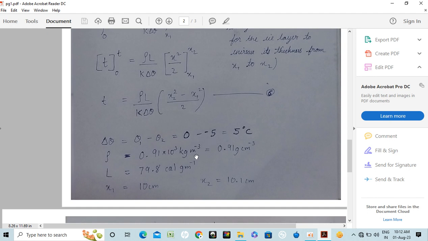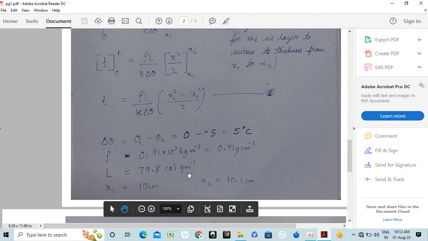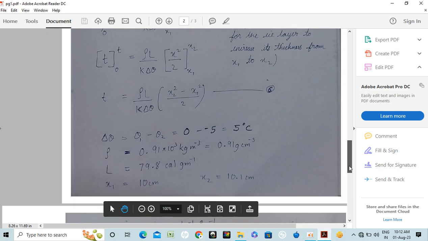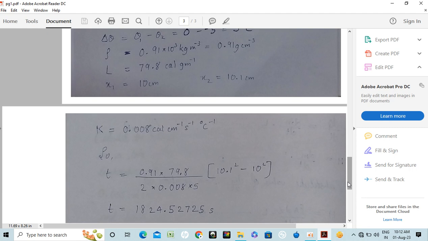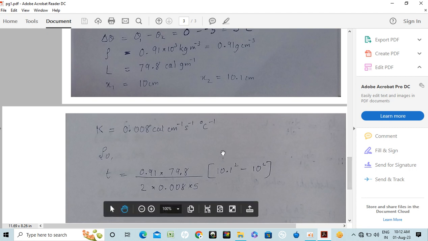It is a density 0.91 into 10 to the power 3 kilogram per meter cube. Now in this question almost all the values are given in CGS units, so we can convert this density into 0.91 gram per centimeter cube. Now latent heat is 79.8 calorie per gram. Now x1 is 10 centimeters, x2 is 10.1 centimeters as I told already. Now K is 0.008 calorie centimeter inverse second inverse degree Celsius inverse. These are all the values given.